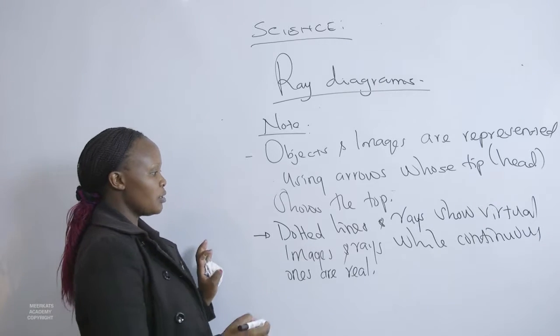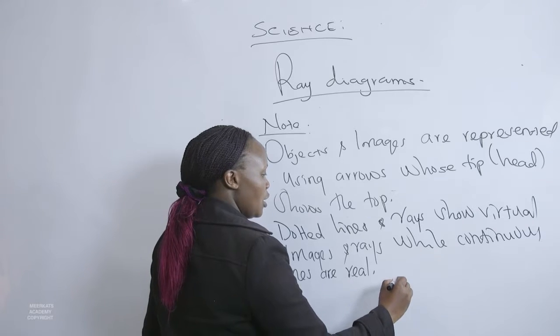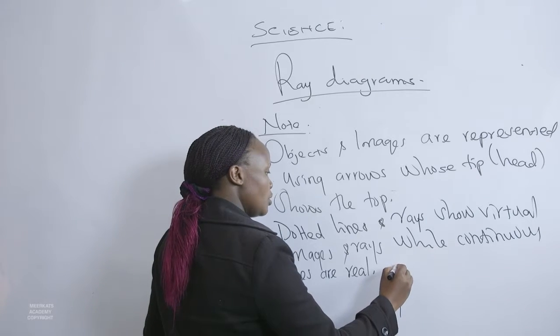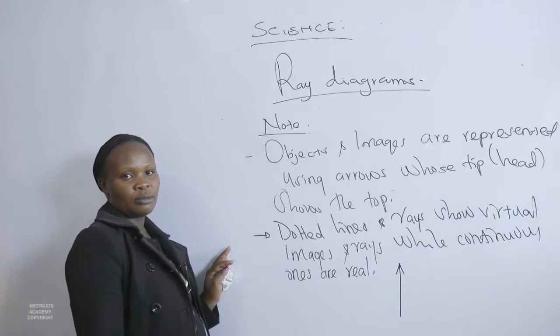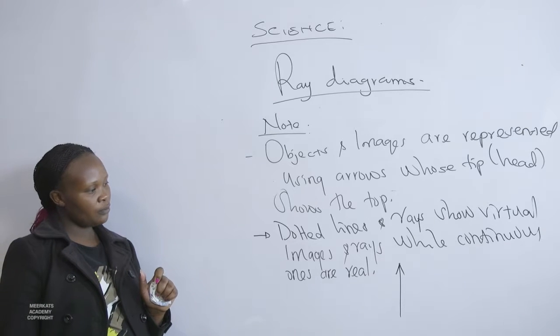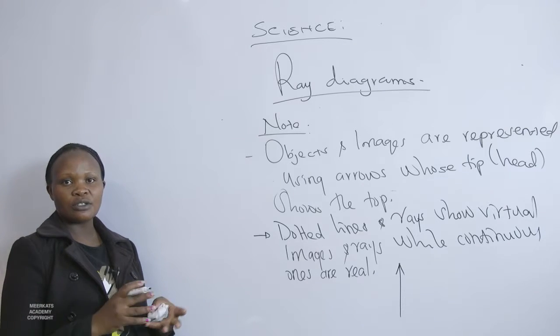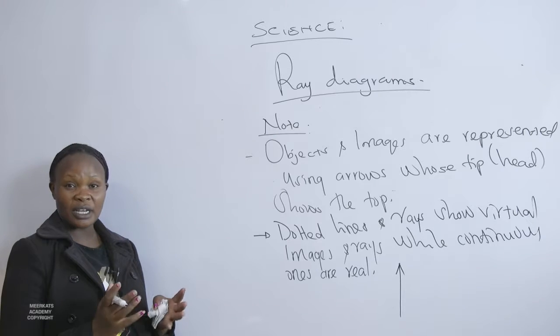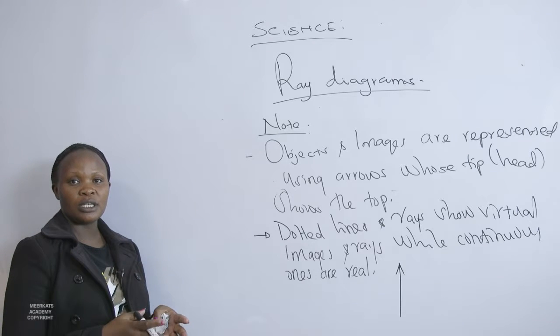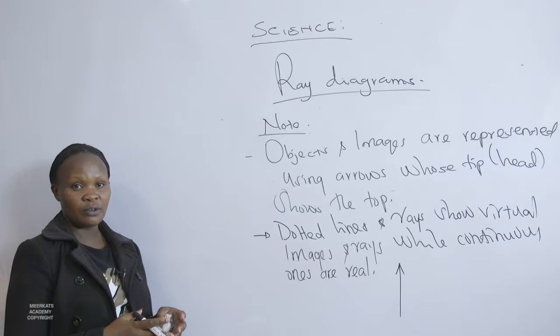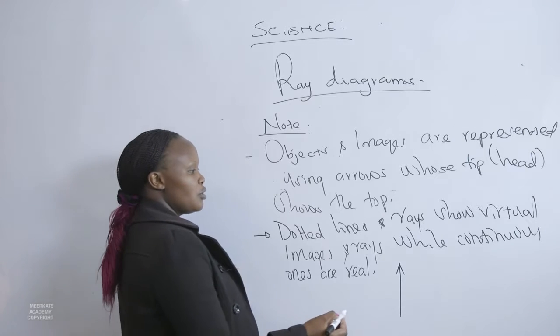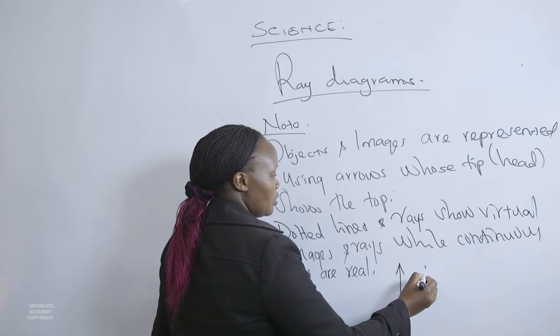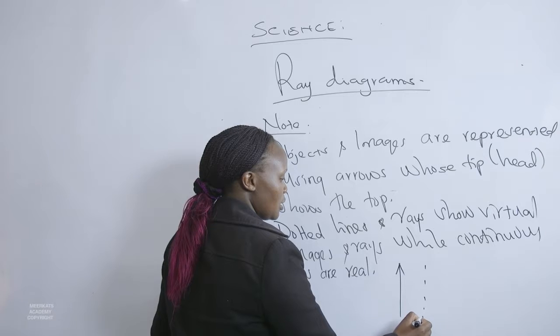Take an example of something like this. If you had your object represented using an arrow, and then after resolving your ray diagram, you find that the image formed is actually virtual, you are supposed to use dotted lines.